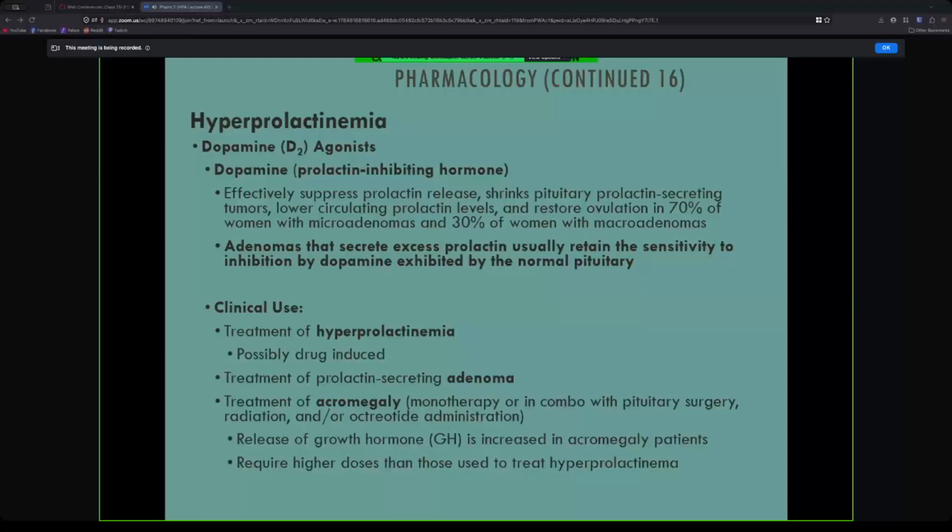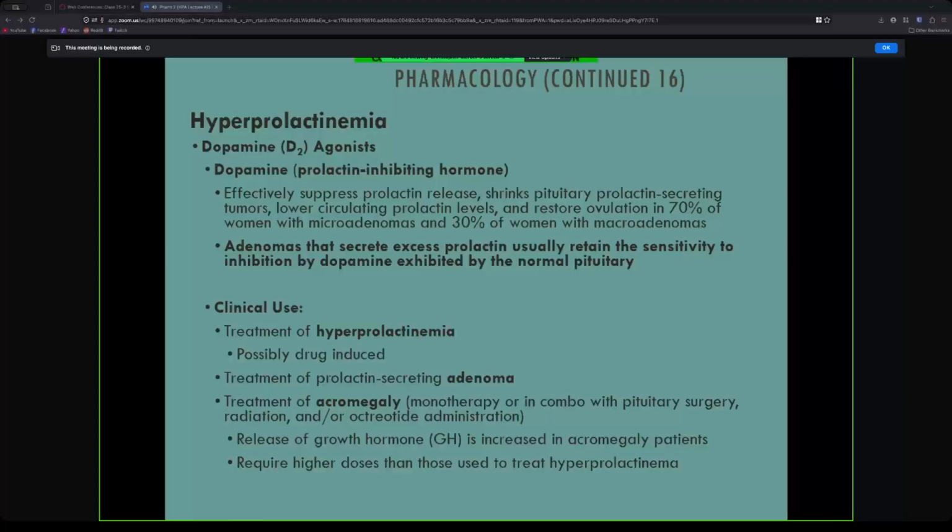They can shrink a prolactin secreting pituitary tumor, lower the circulating prolactin, and restore ovulation. For microadenomas, I think it's on your slide there, it can restore ovulation for about 70% of women with a microadenoma. And then for larger tumors, macroadenoma is about 30%, just so you're aware.